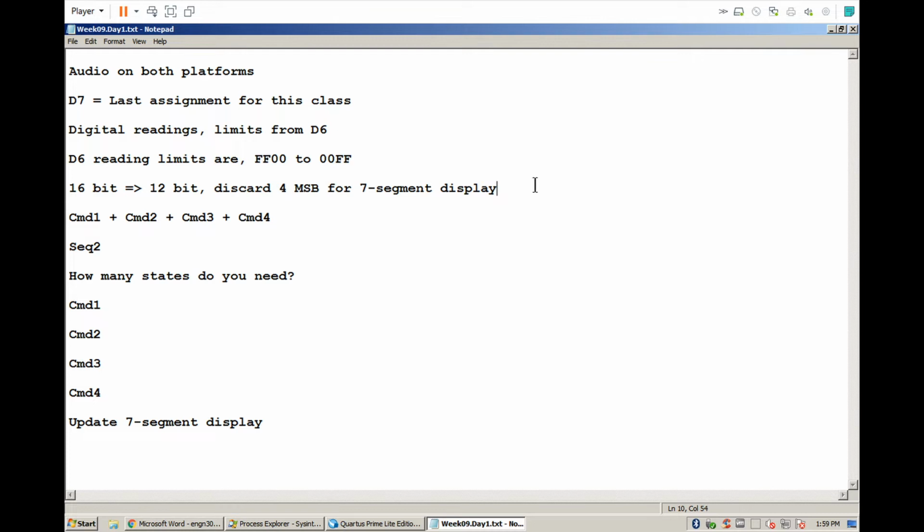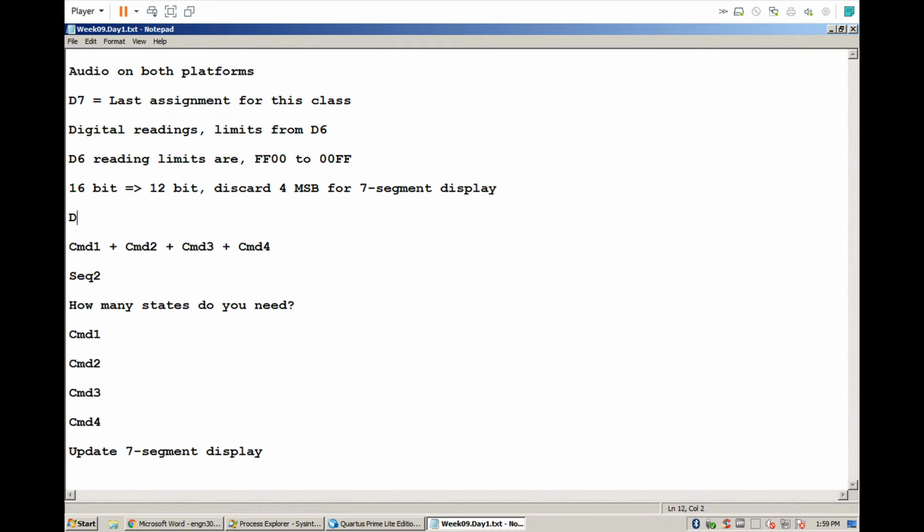So for this assignment, we don't use the four MSBs, so we only use bits 11, 10, 9, through 2, 1, 0. But you still need to read 16 bits. If you don't read the 16 bits, you don't have the full measurement. When you read the 16 bits, you don't need to put the most significant bits to the display. You can keep them internal to the circuits. You still need to capture it.